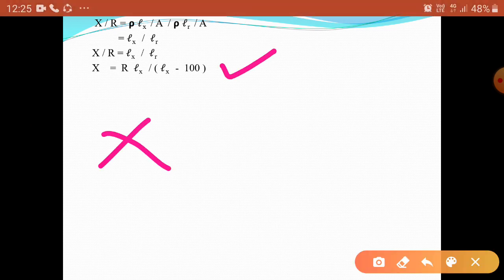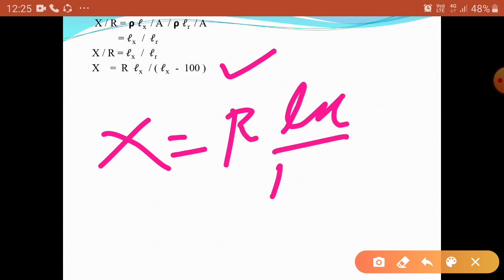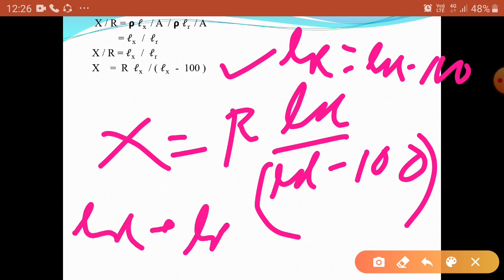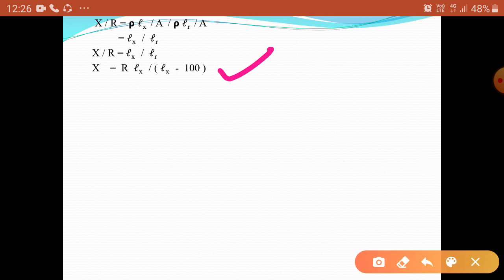X is equal to R into Lx upon Lr, or X is equal to R into Lx upon (100 minus Lx), because Lr is equal to 100 minus Lx, since Lx plus Lr is equal to 100 centimeter.